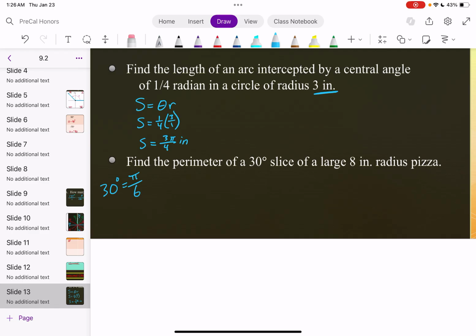So we set up our problem. S would be equal to theta R. Your S would be equal to pi over 6, and that would be times the 8 over 1 that we had solved before.